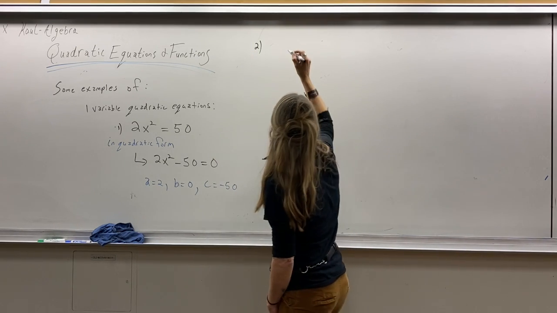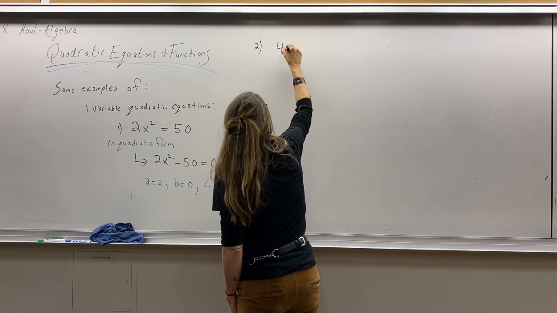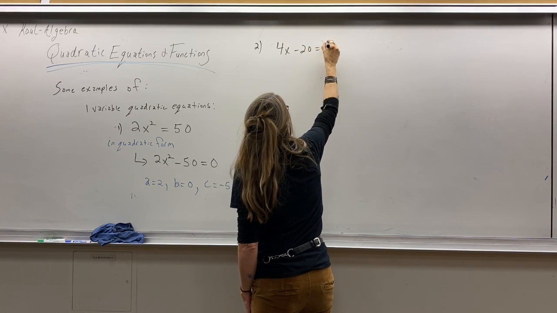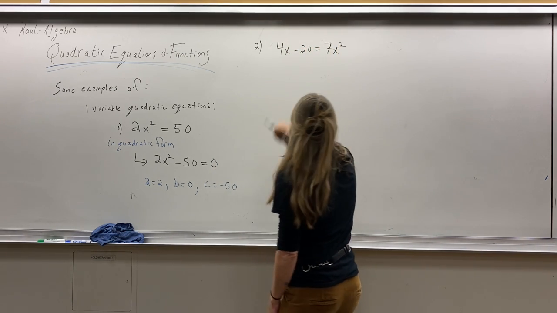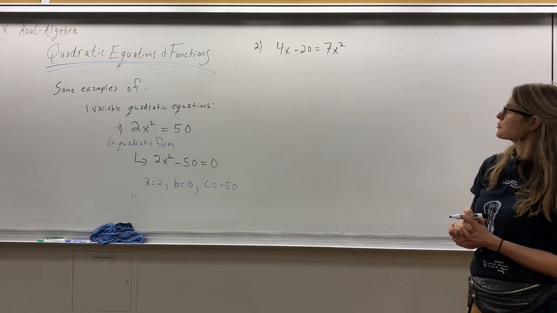Let's say we have 4x minus 20 equals 7x squared. We see that we only have one variable there.